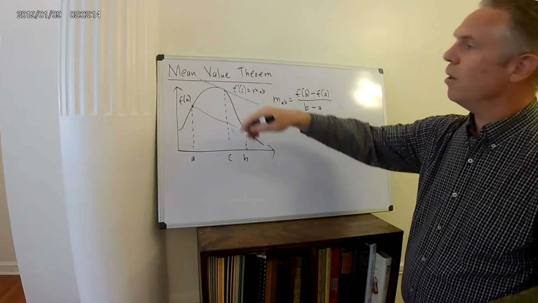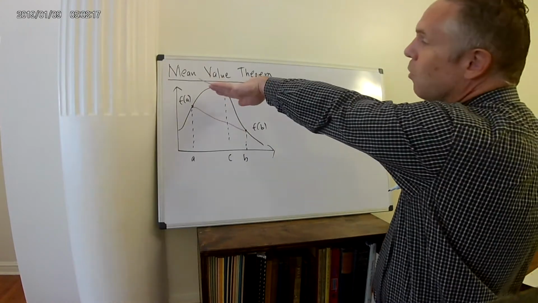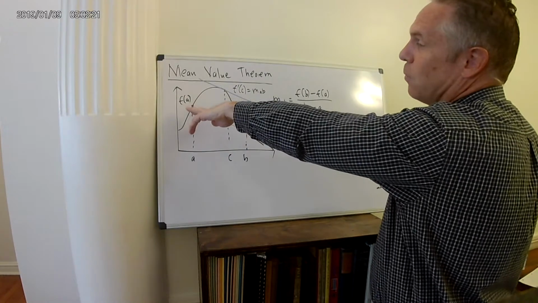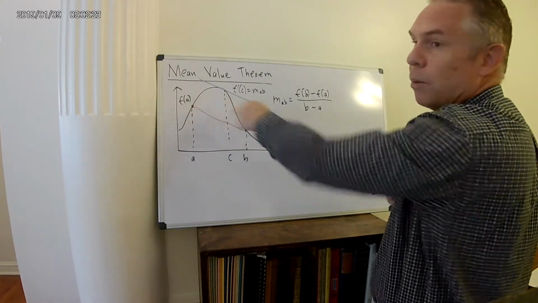There has to be some point between A and B such that the slope of the curve at that point is the same as the slope of the secant line connecting points A and B.